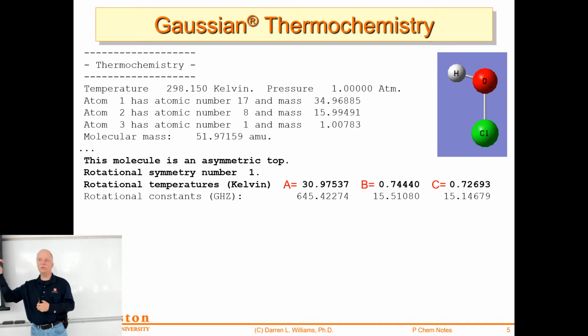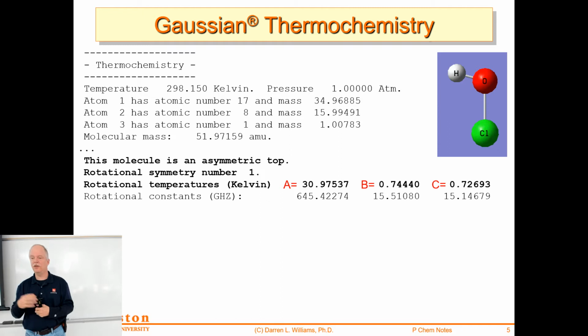If you do a vibrational calculation in Gaussian, a frequency calculation, you have that thermochemistry section. And this is the beginning of that section. And what do you see? You see the temperature that you've done the calculation at, which you can change in the input, actually. So you can do a vibrational analysis at different temperatures and different pressures.